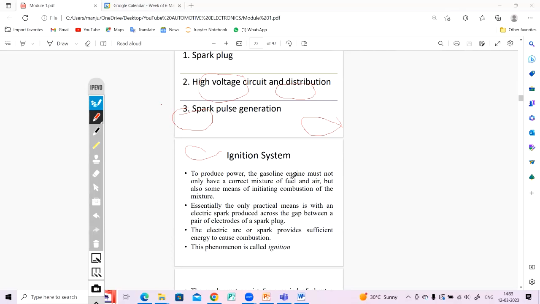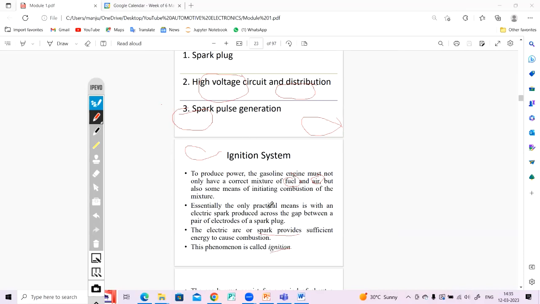Practically, this means electric sparks produced across the gap between a pair of electrodes, or a spark plug, and the electric arc provides sufficient energy to cause combustion. This phenomenon we call the ignition system.